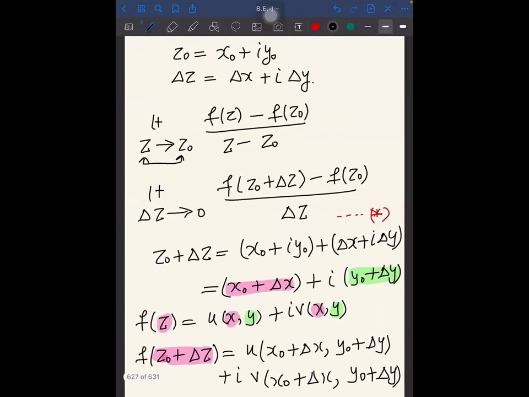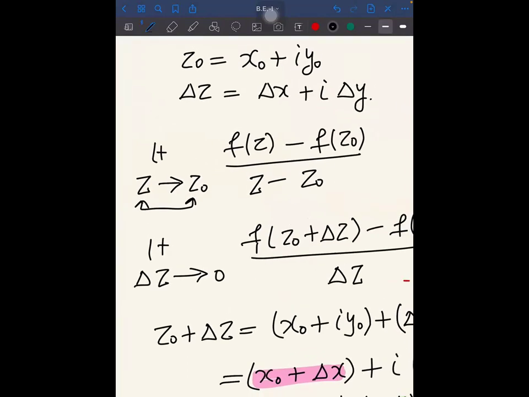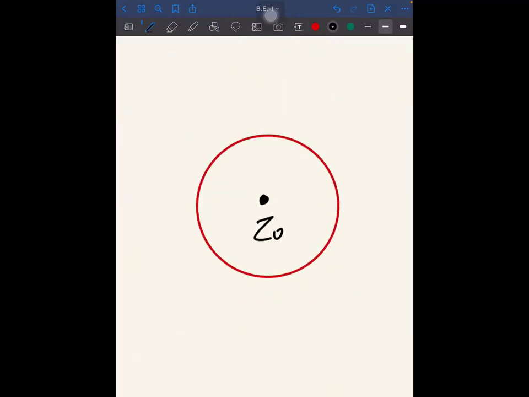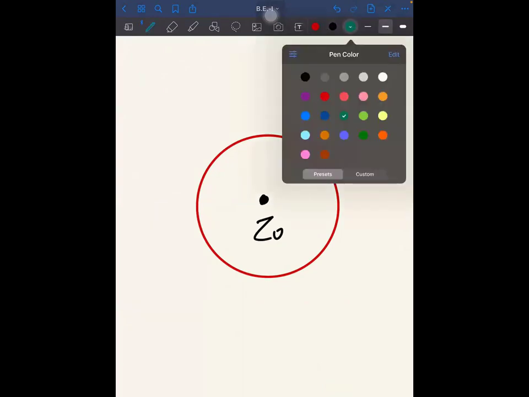That's how we started. This limit should exist. And when will this limit exist? No matter what path we choose, it should always give the same answer. So you are free to choose any path passing through Z0.